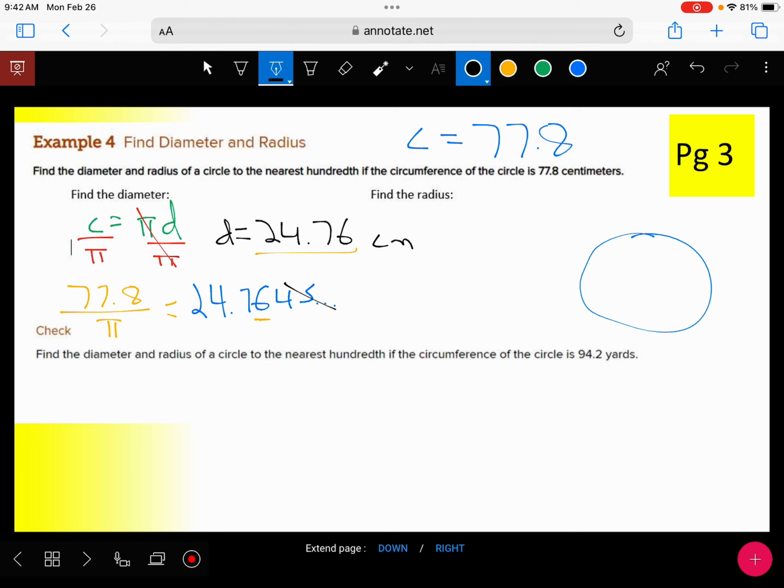If it's already in your calculator, you can just type in divide by 2, and it'll divide your previous answer by 2. So take a second and try to find the radius of this circle. If you need help with your calculator, just raise your hand.